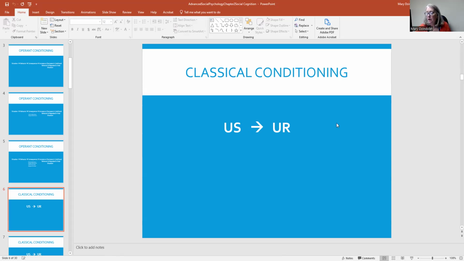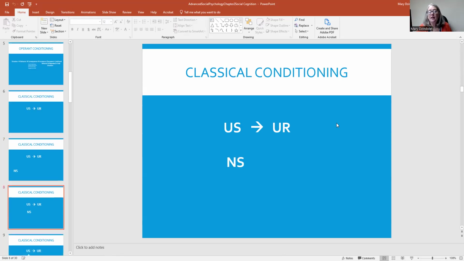But then there's a whole bunch of stimuli, what we call neutral stimuli, that don't lead to anything. So you hear a bell, nothing happens. You see a rabbit, nothing happens. There's a whole bunch of things that don't lead to any responses. We call them neutral stimulus, or neutral stimuli.